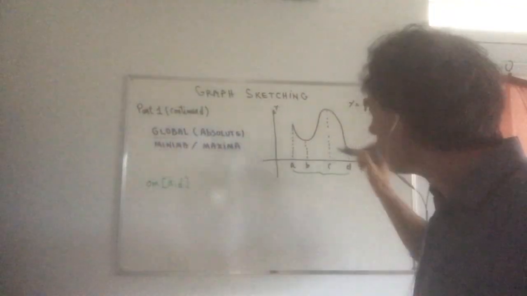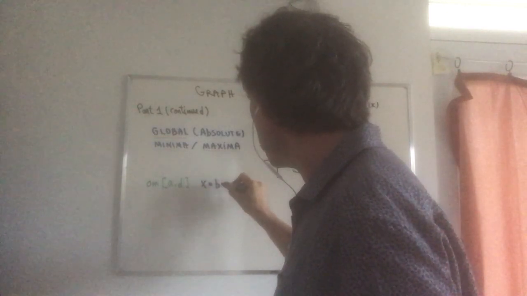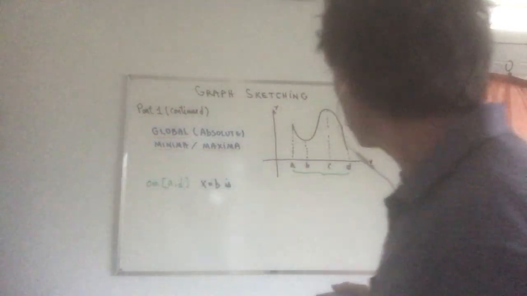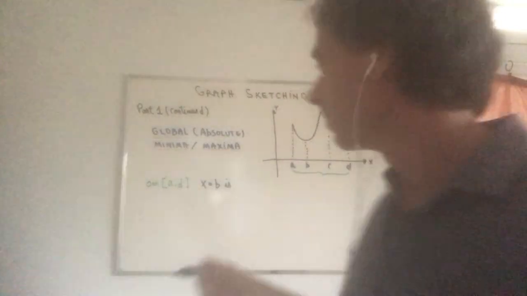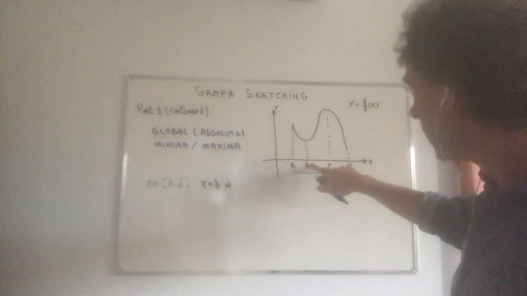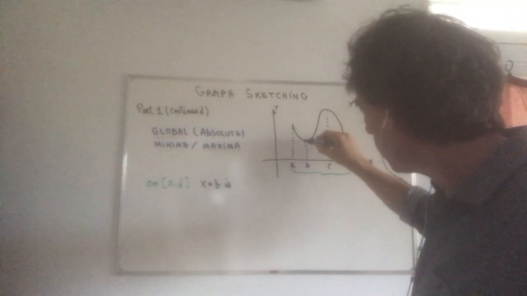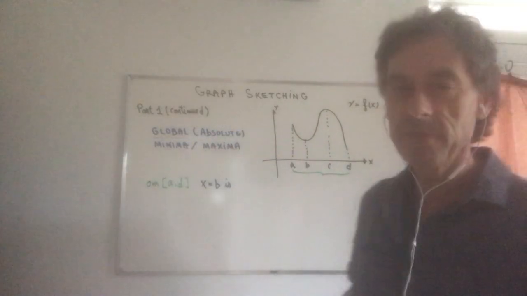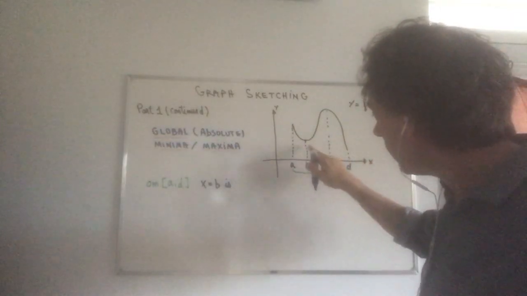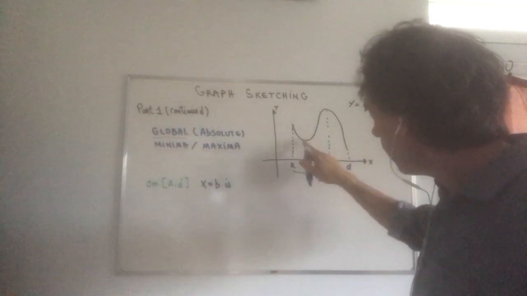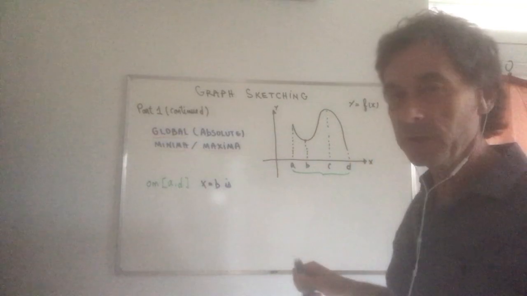For example, what is B? X equals B is what with respect to the graph of f of x? What do you think? This is the point here, right? So B comma some unknown y value. What I know is that in the neighborhood of B, if I move a bit to the left or a bit to the right, the graph will go up.